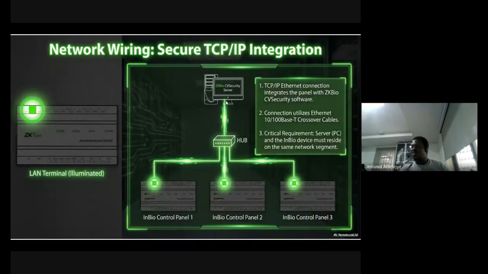So these are network cables. These are network cable lines connected to each of the controllers, right? And this is the server that represents the software which these controllers interact with. You understand? So that is the network layer.